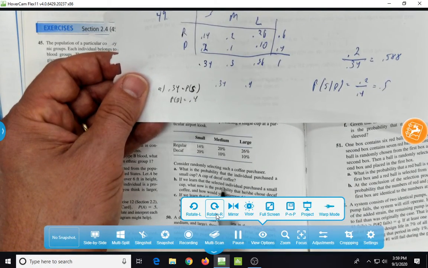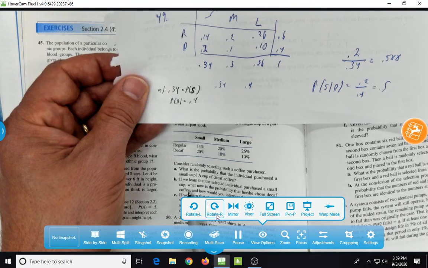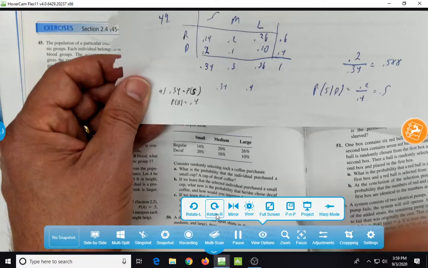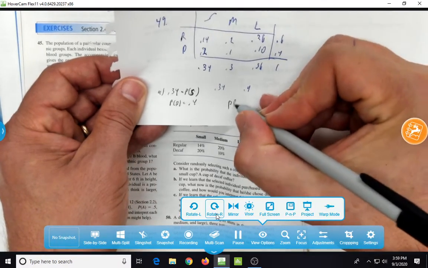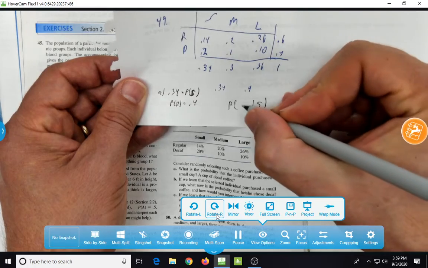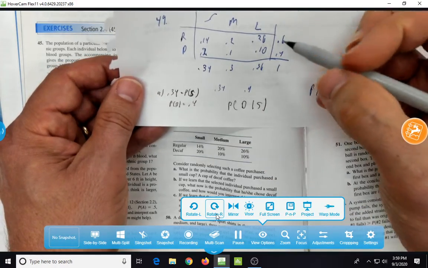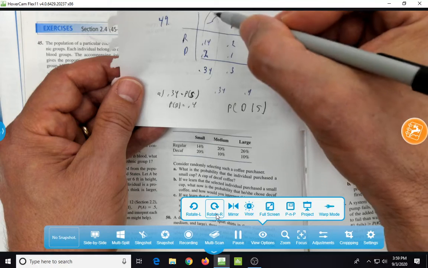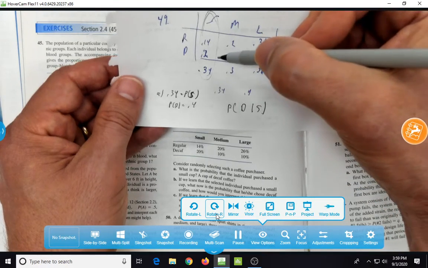And then if we learn that a selected individual purchased a small cup, what is the probability that she chose a decaf coffee? So what we want is, given that someone selected a small cup, what's the probability that it'd be decaf? Well, if they're in a small cup, they're in this sort of area right here.